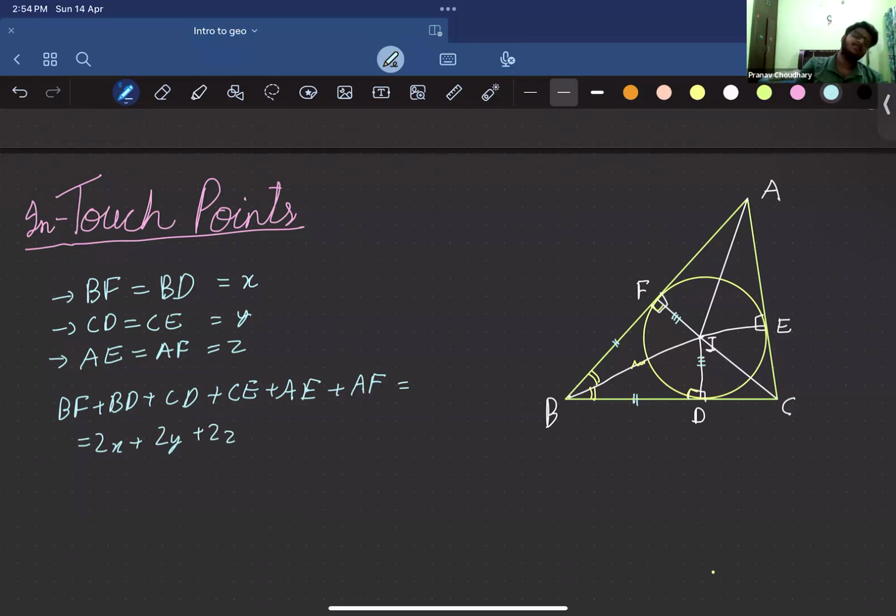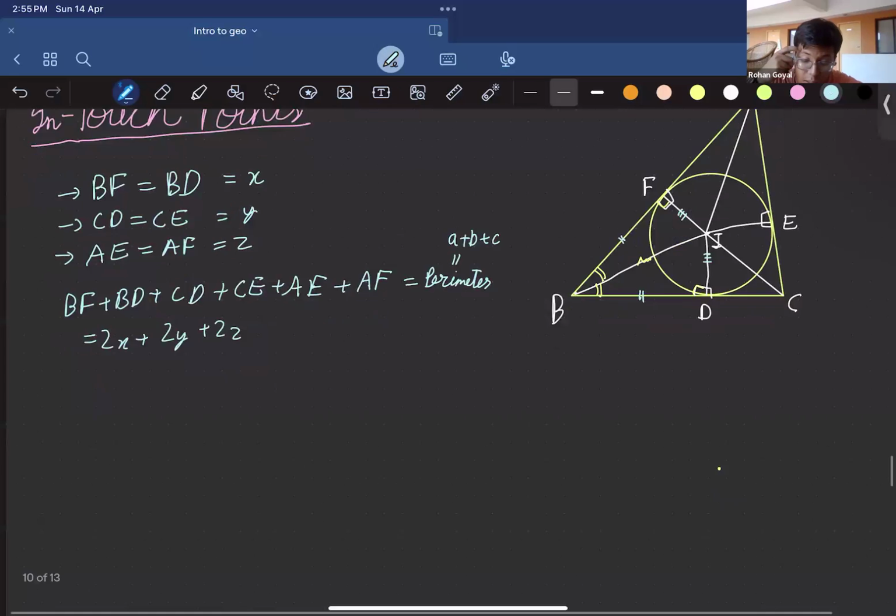But this is also equal to the perimeter, because this is just the sum of the three sides. So this is A plus B plus C. Yeah, continue.